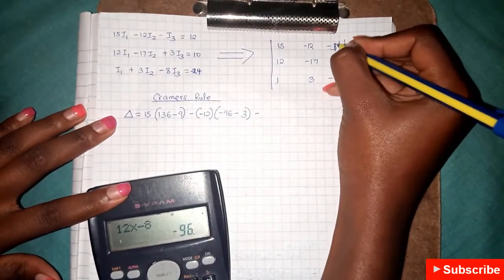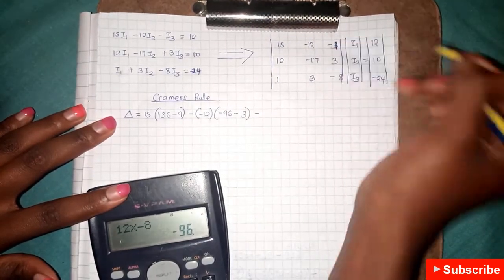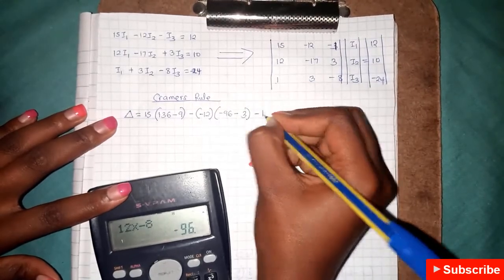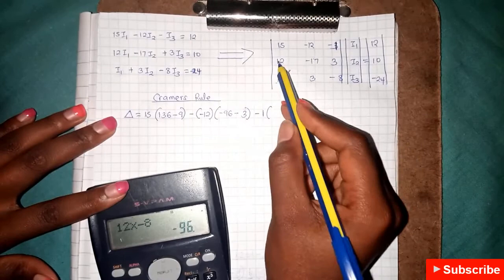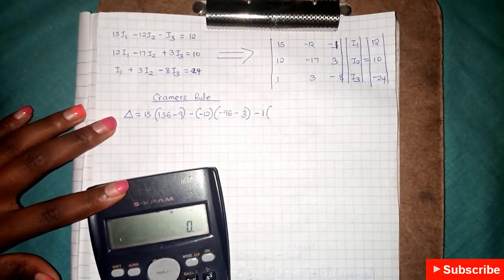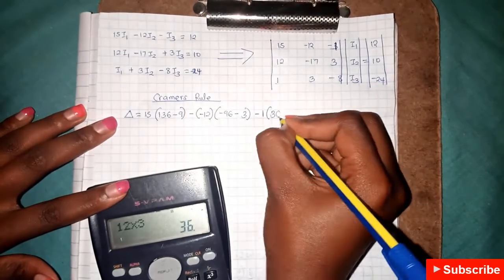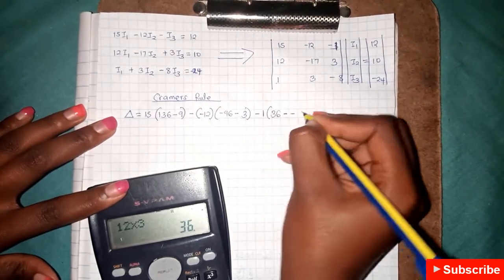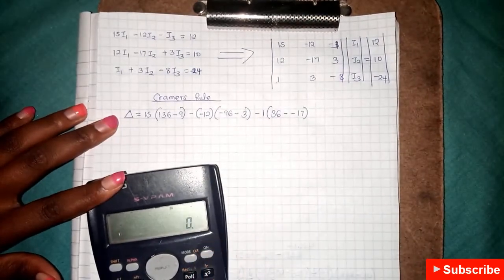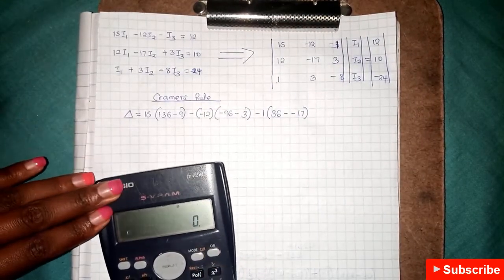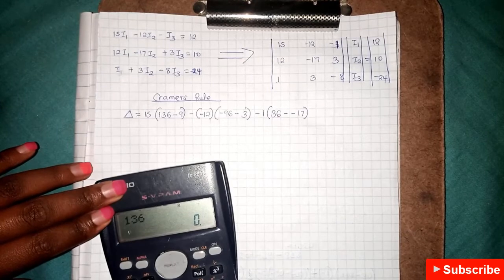I don't know why. I think the I3 confused me. This should be 1 into, now we do this 12 times 3, 36 minus negative 17.